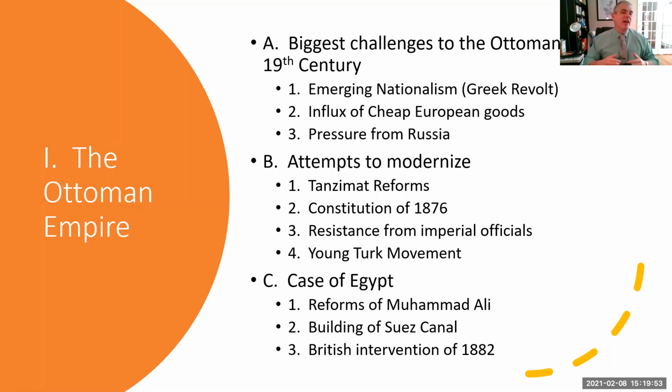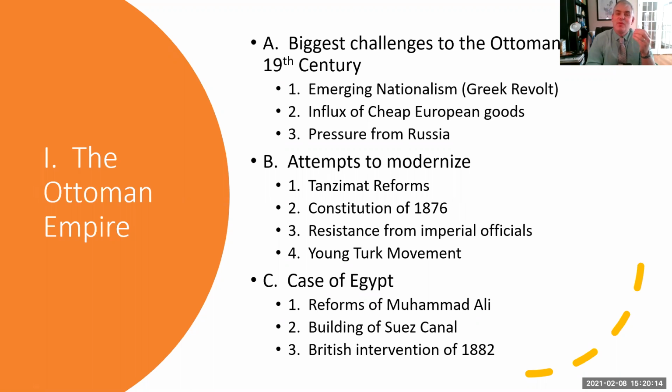So, one of the things the Ottoman Empire is going to do is attempt to reform in order to compete and to try and stop this decline. And these attempts to modernize are best summed up with the Tanzimat reforms, which literally means restructuring.